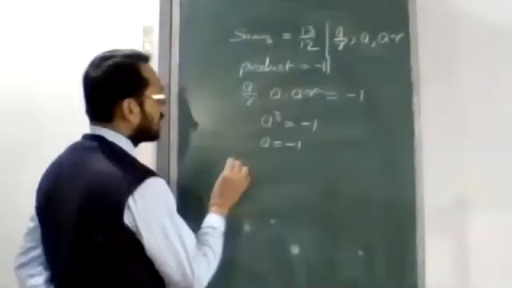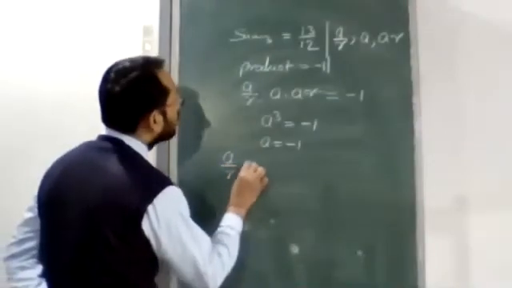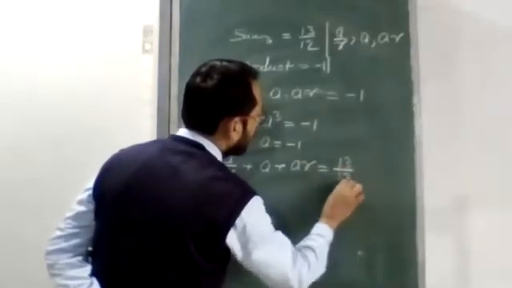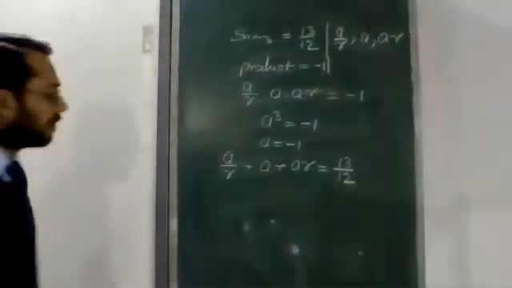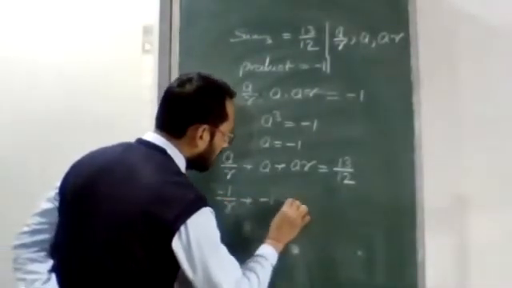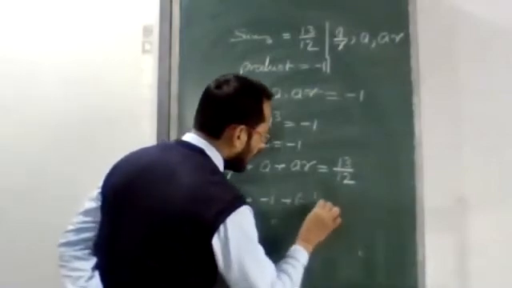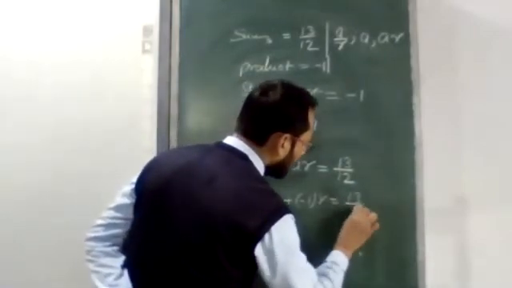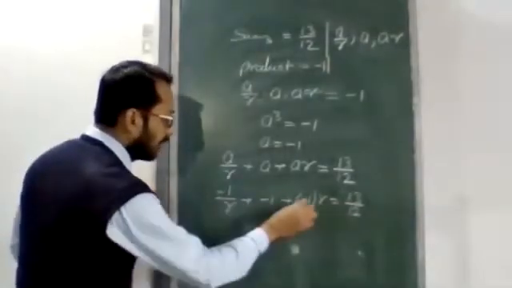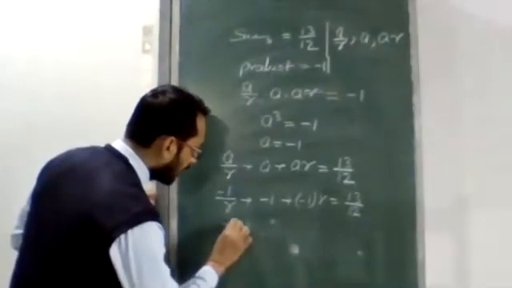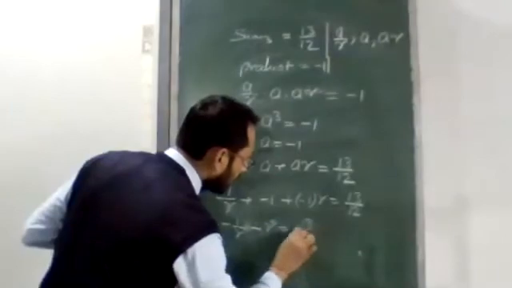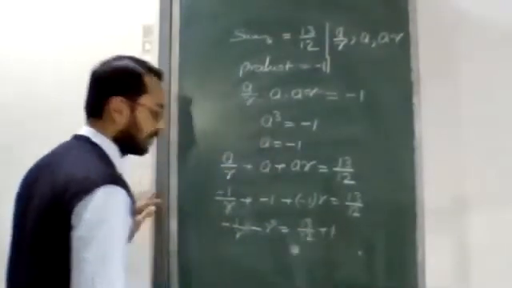Now the sum of these three terms, a upon r plus a plus a r, equals 13 by 12. A is minus 1. Minus 1 upon r plus minus 1 plus minus 1 into r equals 13 by 12. Now what I could do, I'm taking these two terms on this side: minus 1 upon r minus r is equal to 13 by 12 plus 1.